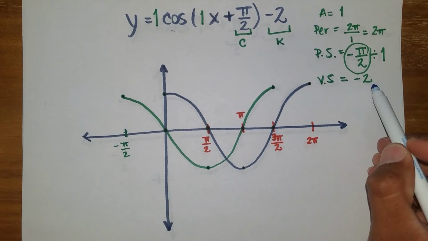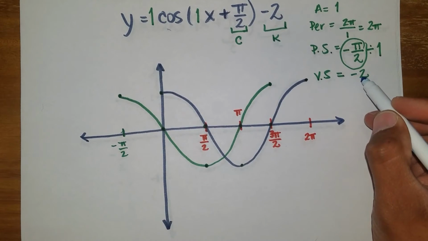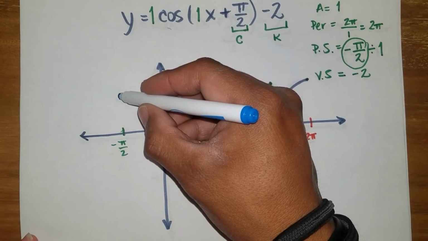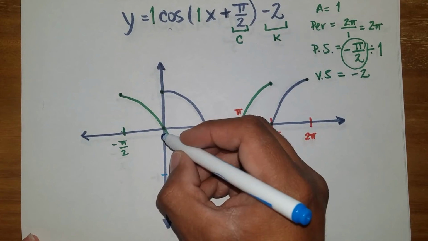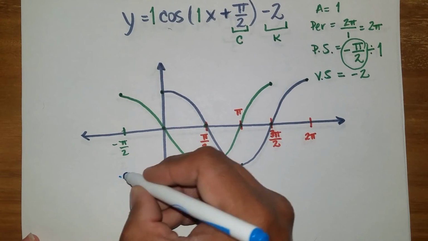Now we're going to take a look at when the graph utilizes the vertical shift. We're going to keep the same graph with the phase shift, but now we're going to just drop it 2 units.